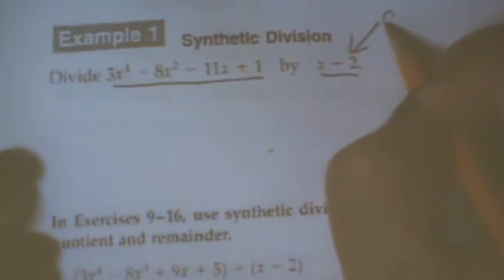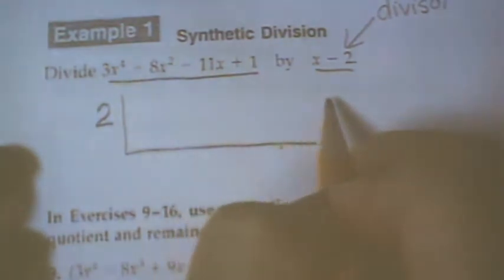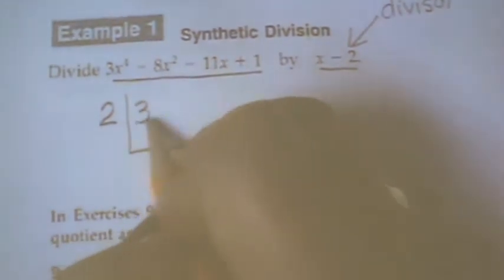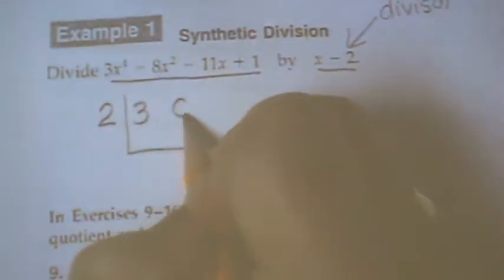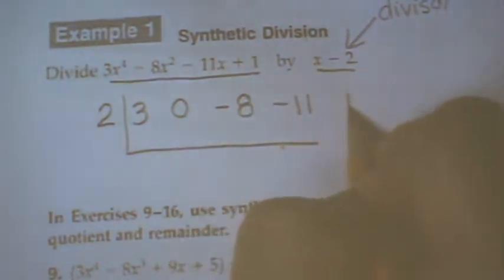This is called the divisor. What do you do with the divisor? You're going to take the opposite, which is 2, and in a row here, what are we going to list? The dividend. All of the dividend coefficients, excellent. So you have 3, then what? 0. 0, yeah. -8, minus. -11, and 1.